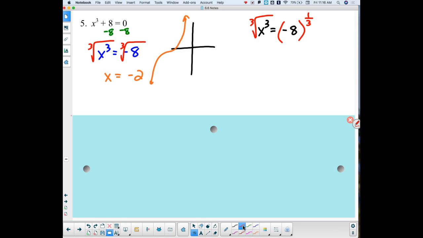So if I take the cube root, that's the same as taking something to the 1/3 power. And now what that's done is that's given us de Moivre's theorem, because we can take -8 and make that be a complex number. What would the complex number be for -8?